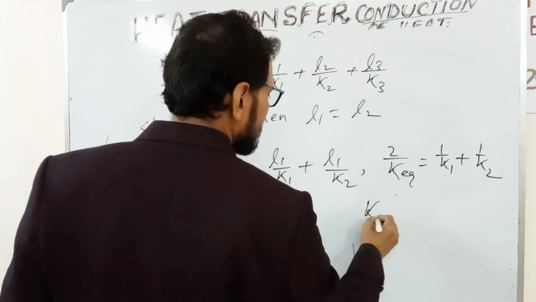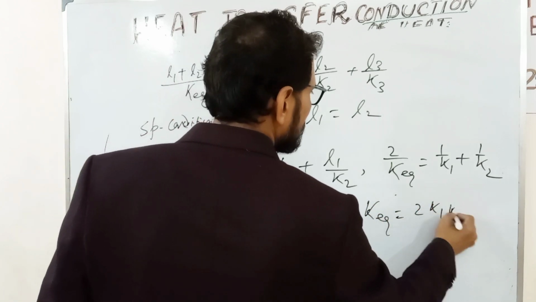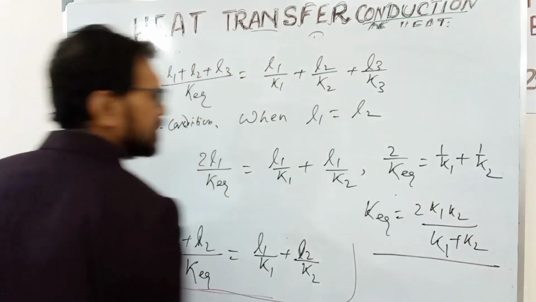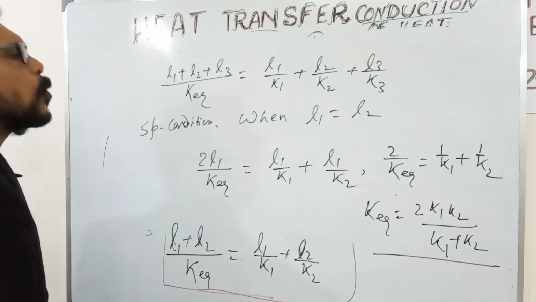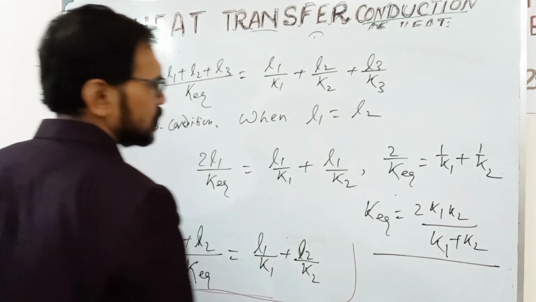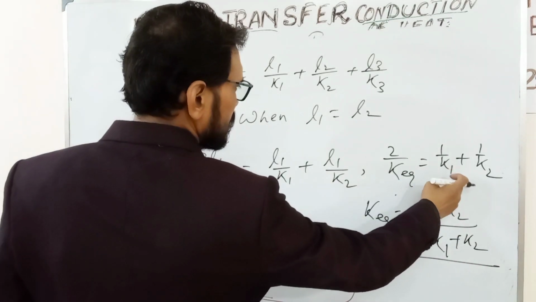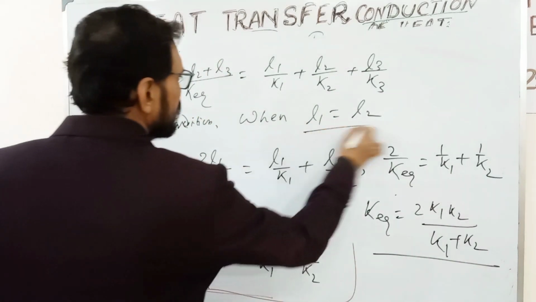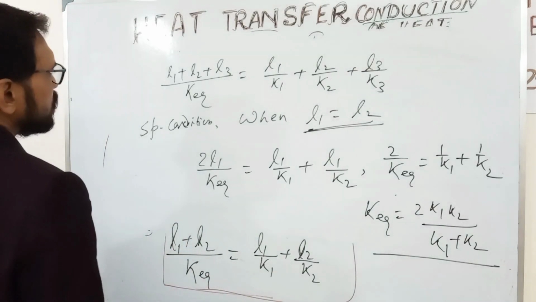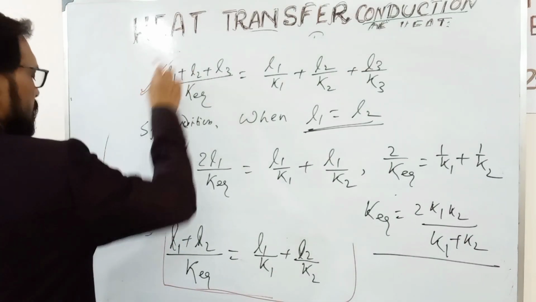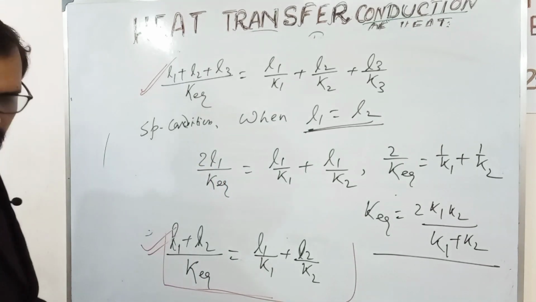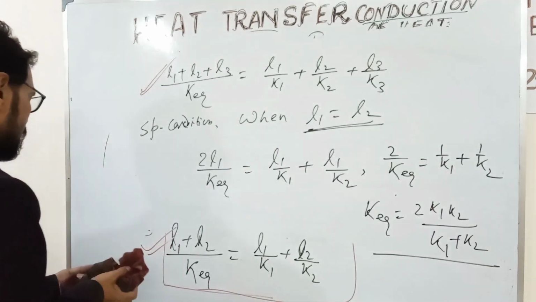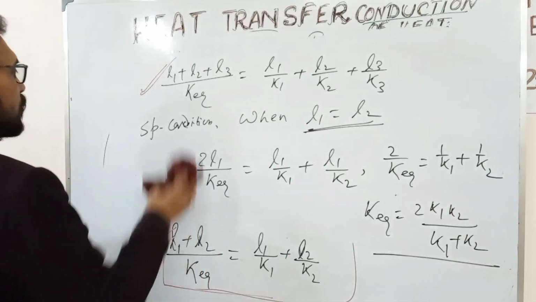So K equivalent equals 2 K1 K2 by K1 plus K2. This is the formula when L1 equals L2. If the lengths are not equal, then we use the earlier formula for two rods. So this is the formula for the equivalent coefficient of thermal conductivity.